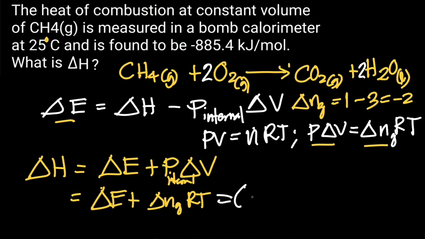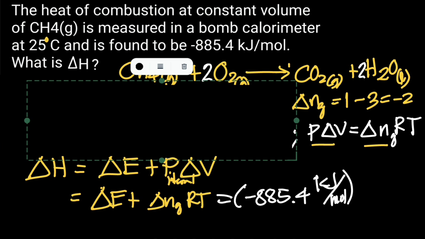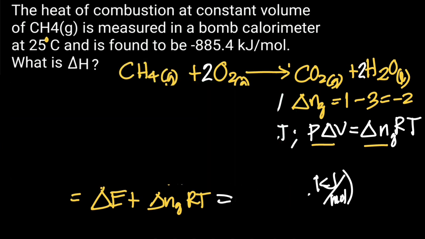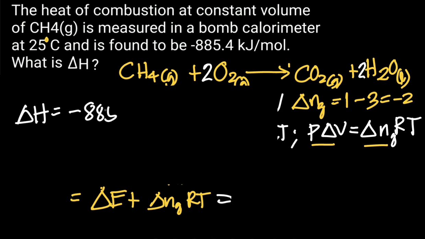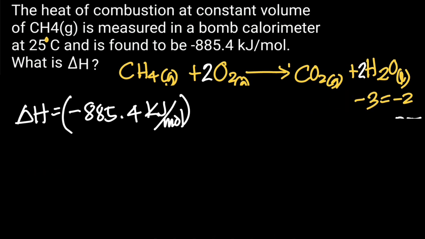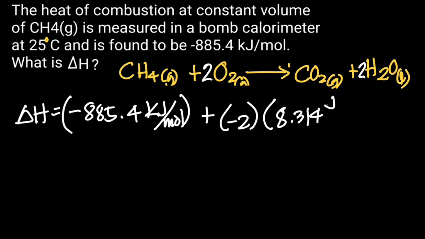So delta H is equal to delta E, which is negative 885.4 kilojoules per mole, plus delta n of the gases, the change in number of moles, which is negative 2, times the ideal gas constant R, which is 8.314 joules per Kelvin mole.